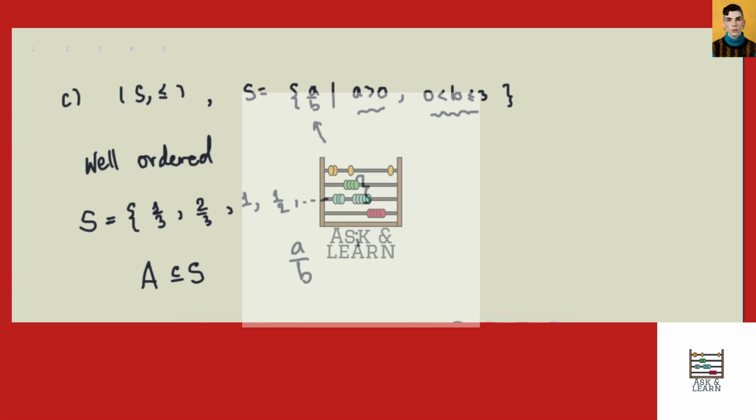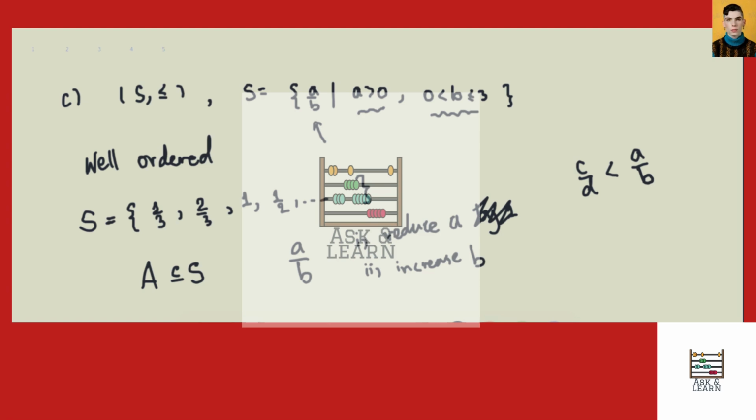We can do one of two things: either reduce A, or increase B, or both at once, to create C over D such that it is strictly less than A over B, right? This is the only way to create it.